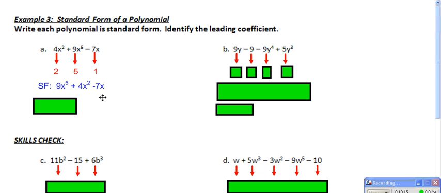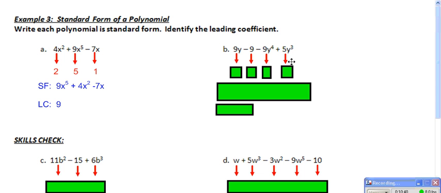It's critical that you look at the sign in front and carry that sign if it's positive or if it's negative. Remember, the leading coefficient we also need to identify. That is the coefficient out in front of the highest degree. In this case, that would be 9. Easily pulled out once you write it in standard form. So your leading coefficient here is 9.